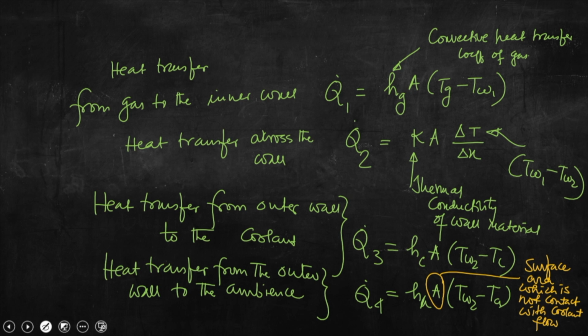Now, let me write, if we sum up all these expressions, you know that this is not very significant, because if we look at the schematic depiction, only a very small portion is exposed to the ambience. So, basically we may not consider even this, but theoretically we should consider this part as well. So, now what we can write, heat transfer through the cylinder wall per unit area.